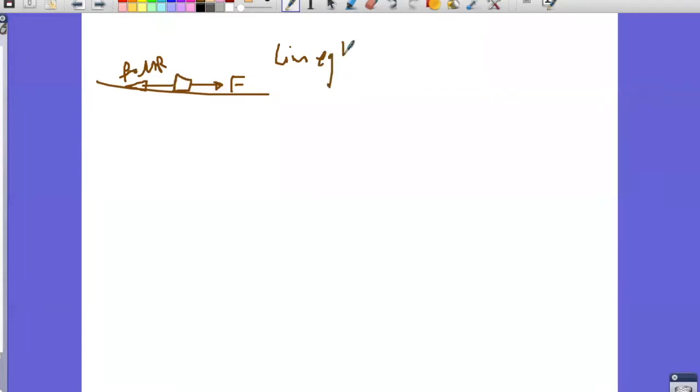And in this case, this frictional force, that F there, is static friction because the object is not moving.